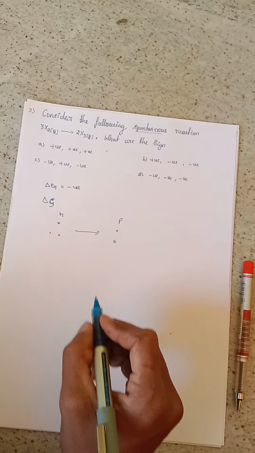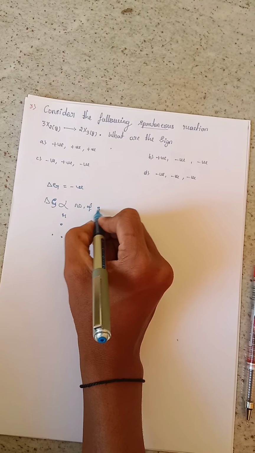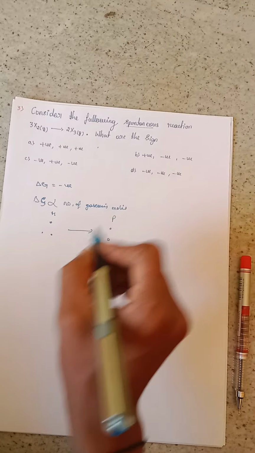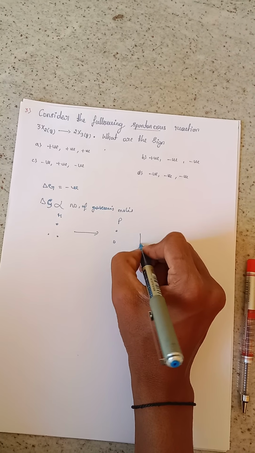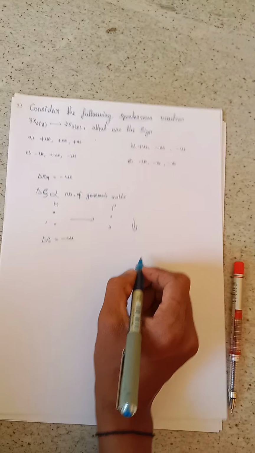Entropy is directly proportional to the number of gaseous molecules. Here the number of gaseous molecules decreases, hence delta S is negative.